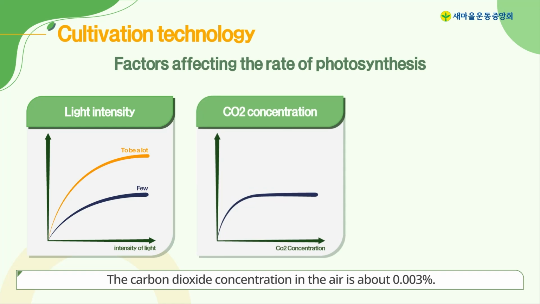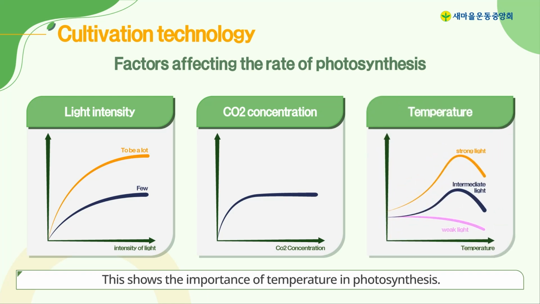The carbon dioxide concentration in the air is about 0.003%. The higher the concentration, up to 0.1%, the more photosynthesis occurs. This shows the importance of temperature in photosynthesis.